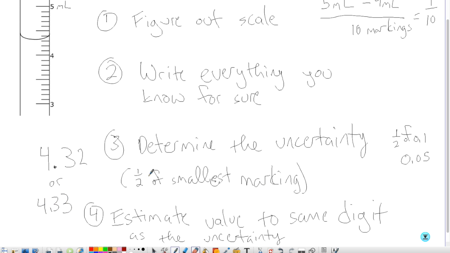Notice that both of these values fall within my range of uncertainty. Now if I had said something like 4.39, that's outside of the range of uncertainty, so that's not a great estimate for the volume. It needs to be close.